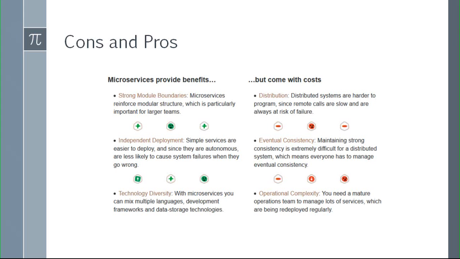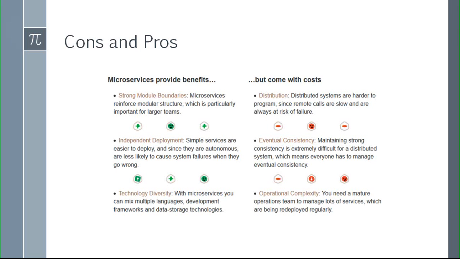Another problem, another con of the microservice architecture, is eventual consistency. In a monolithic system, in a traditional transactional system, you have strong consistency. You have immediate consistency based on the ACID principle. ACID means atomicity, consistency, isolation, durability.